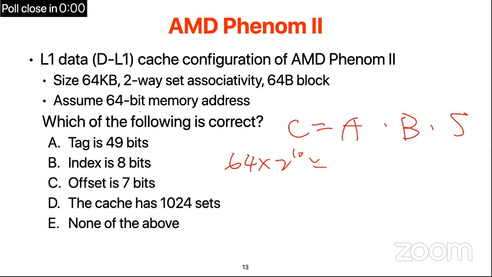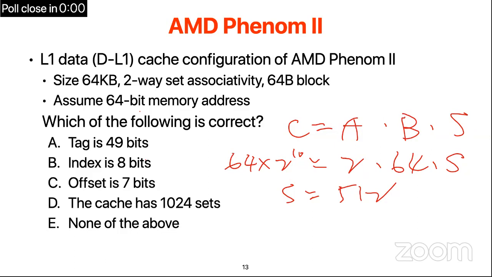It's associativity. 2. What's the block size? Block size is 64. So that's B, right? So S is the only one that's unknown, right? Yeah. So we know S is 512, right? So we got C equal to ABS.